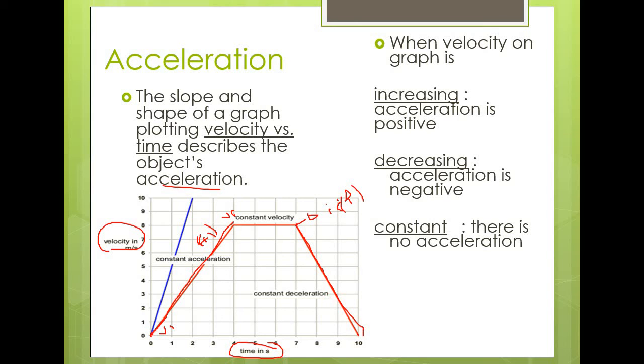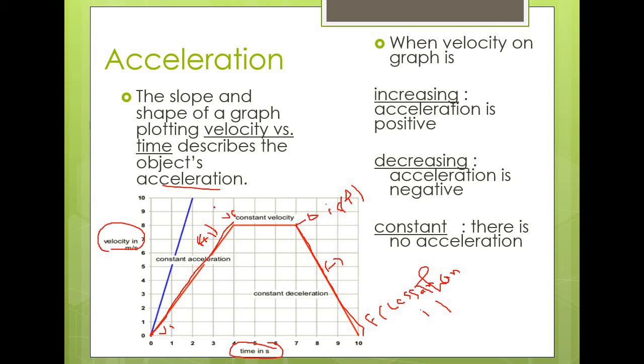When the velocity decreases, the final is less than the initial, so the acceleration will be negative. For example, when the train starts to stop to approach the next station, the final velocity will be less than the initial velocity.